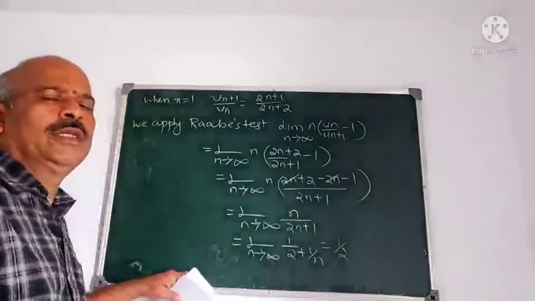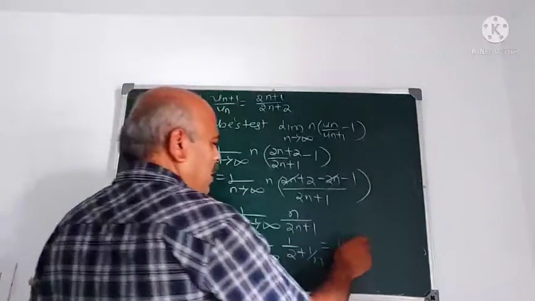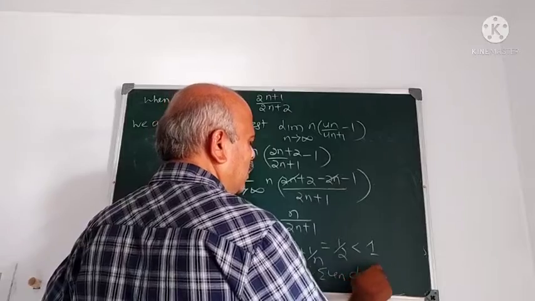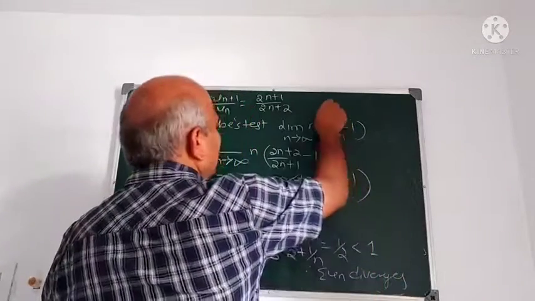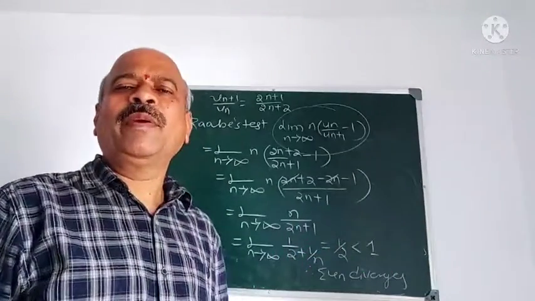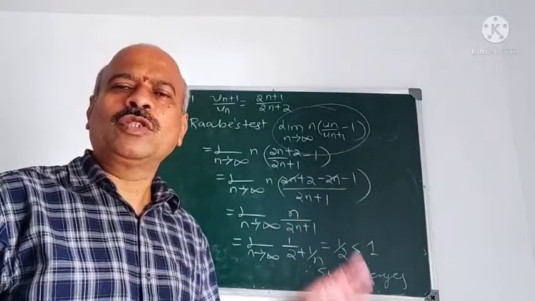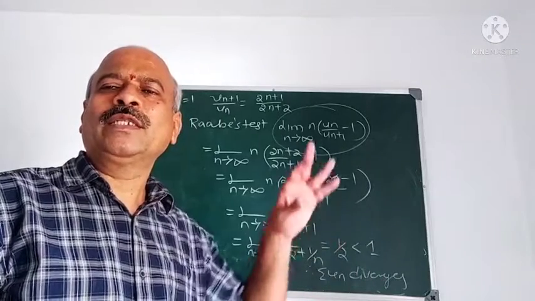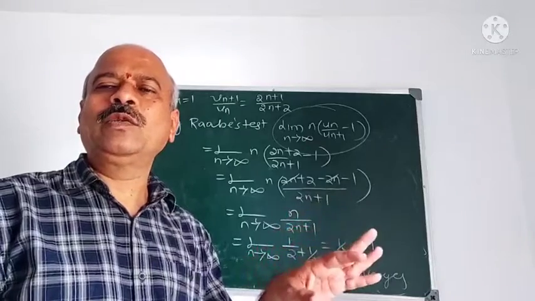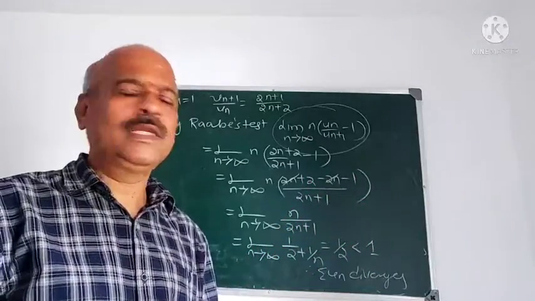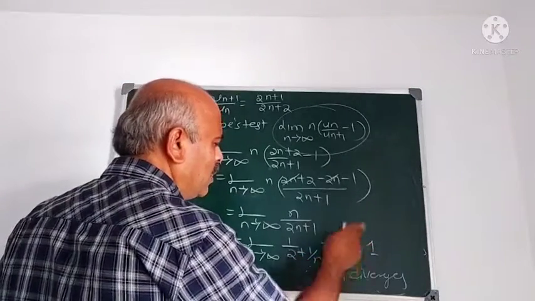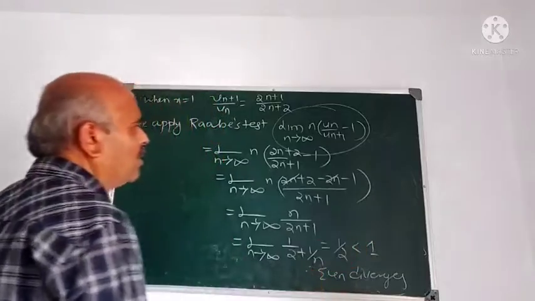And what is Raabe's test? It is less than 1, therefore sigma un diverges. In case of Raabe's test, if this limit is greater than 1, it converges. Try to remember, you have to study comparatively the results of D'Alembert's ratio test and Raabe's test. Here, in Raabe's test, if the limit is less than 1, diverges; greater than 1, converges.